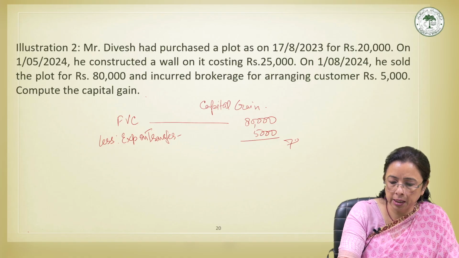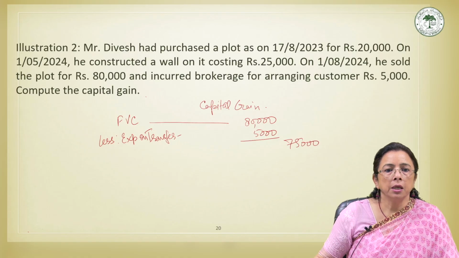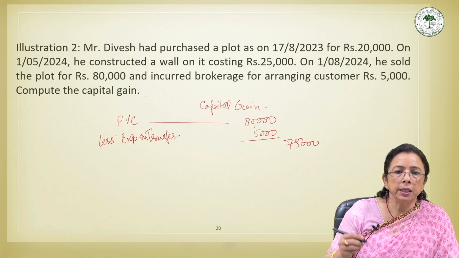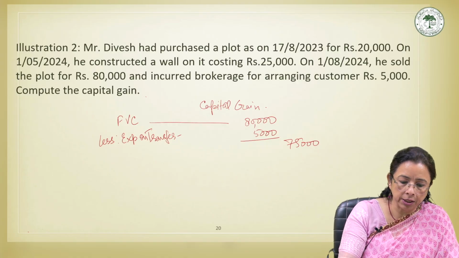So the balance is 75,000 rupees. This is your net sale consideration.